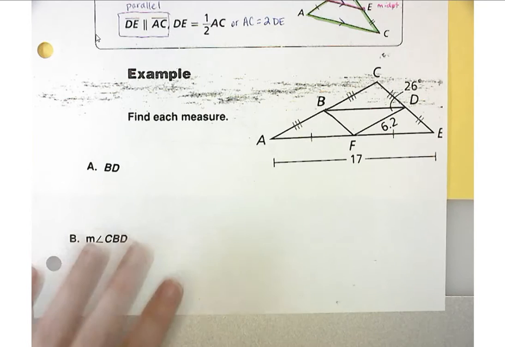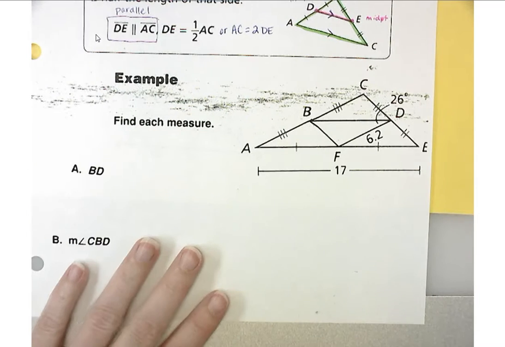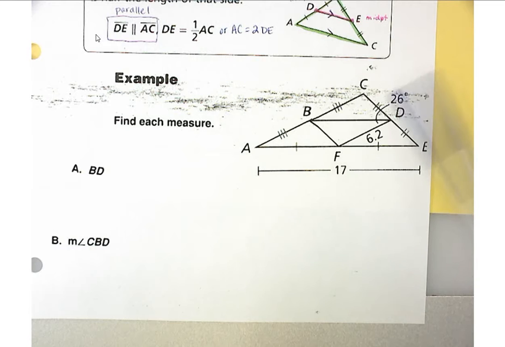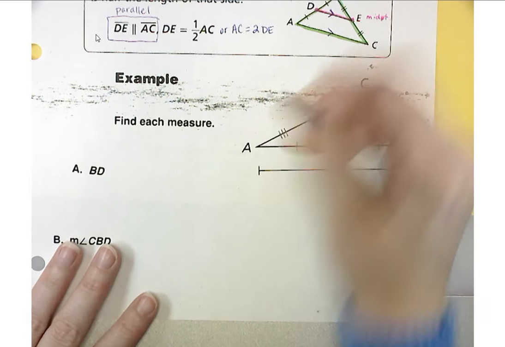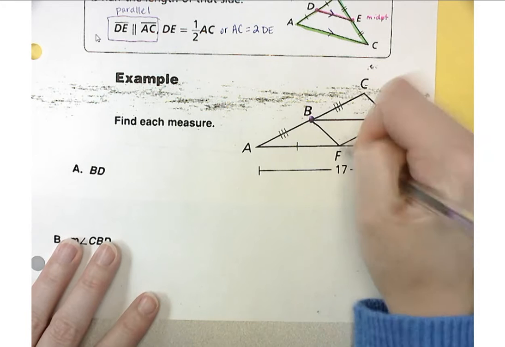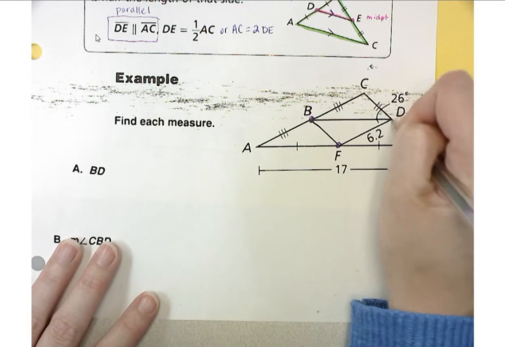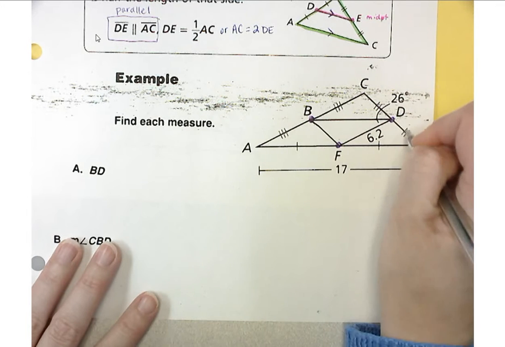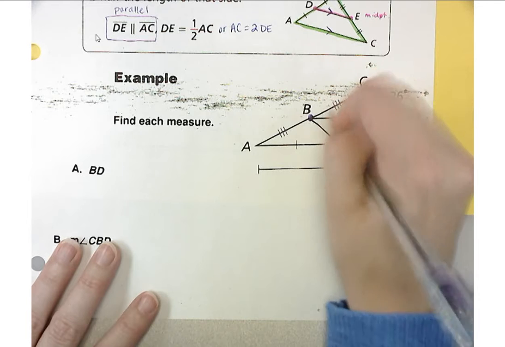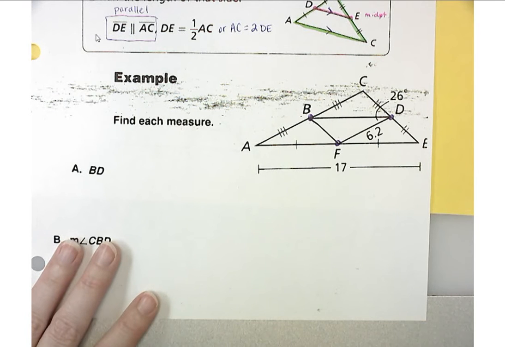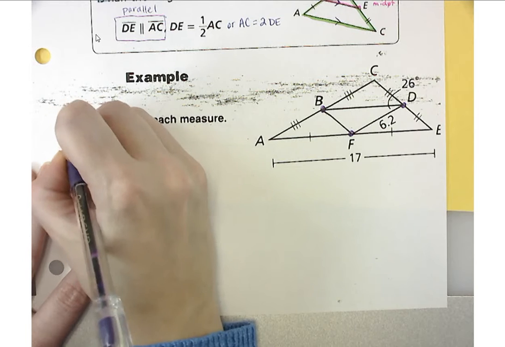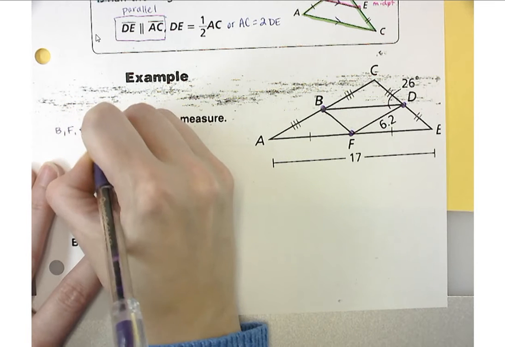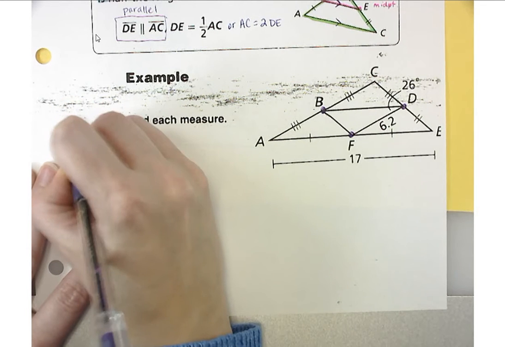So in our example, you're going to find each measure. Because of the picture, you can tell that B is a midpoint, F is a midpoint, and D is a midpoint because of these congruent markings on either side.